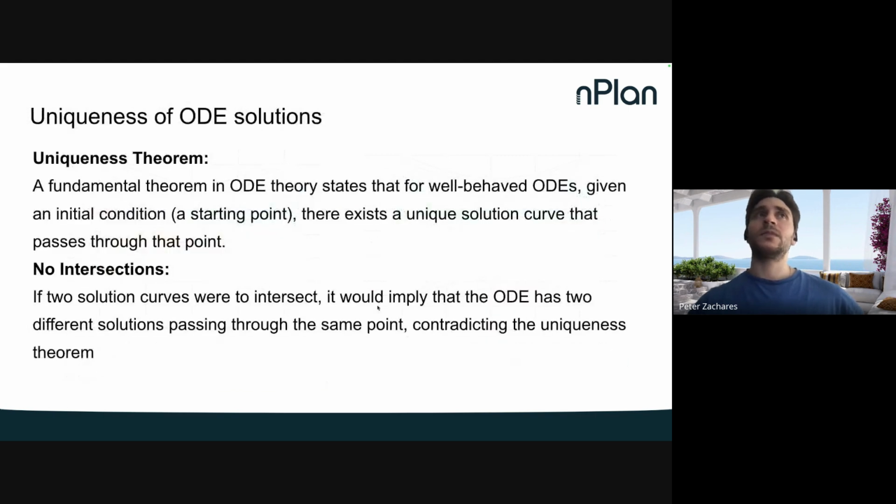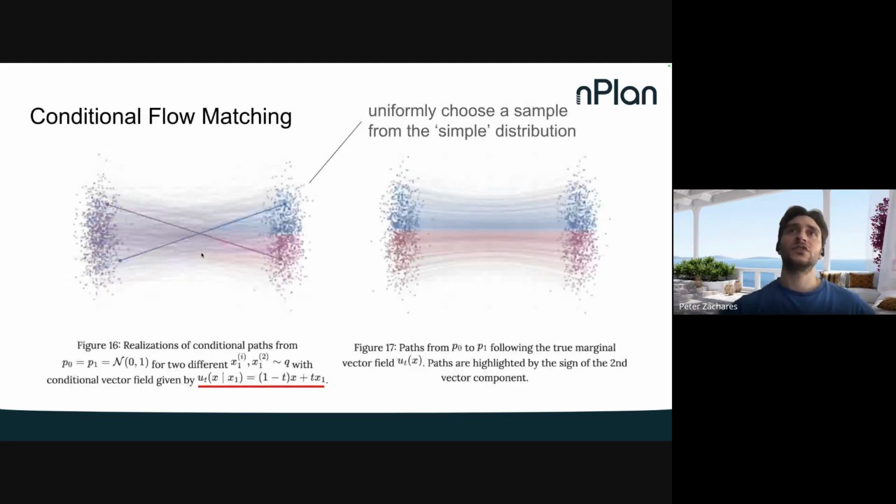And a fundamental theorem in ODE theory states that for well-behaved ODEs, which a lot of them are, given an initial condition, a starting point, there's a unique solution curve that passes through that point. So for each input point, there's a unique line that the solver will give you.